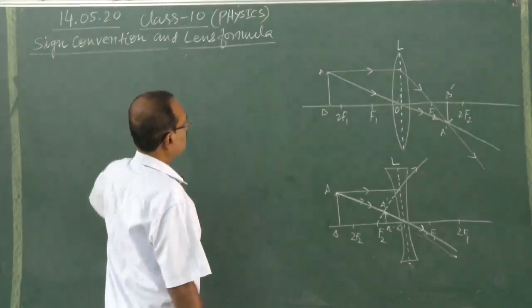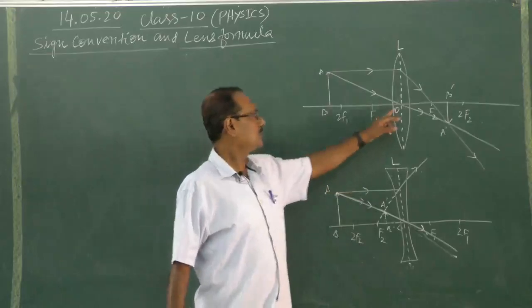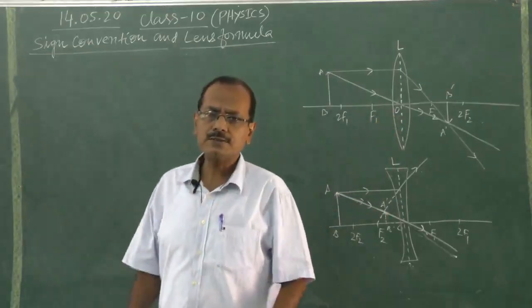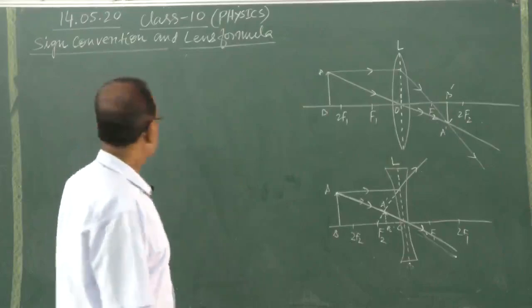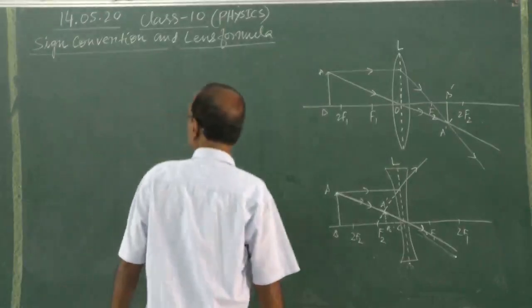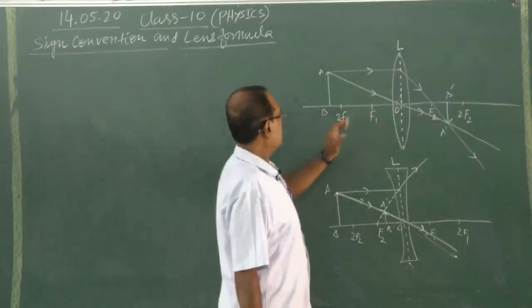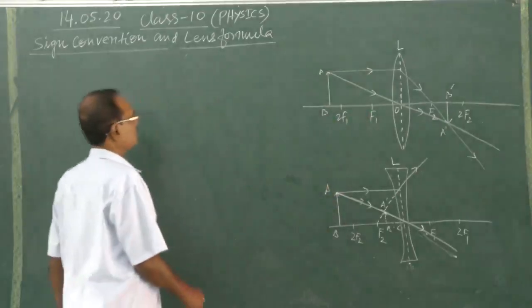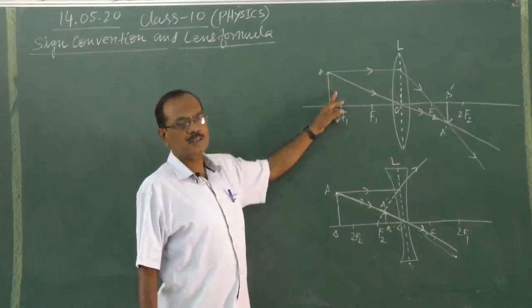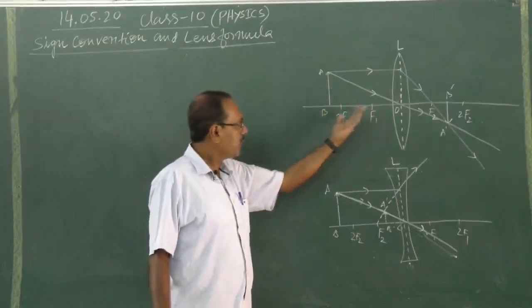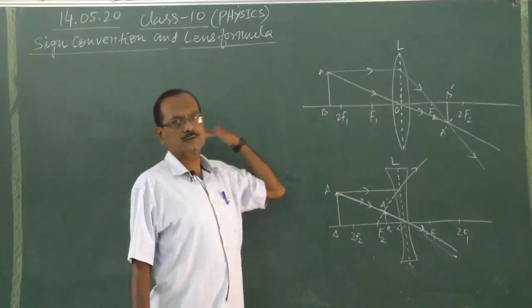Now, the first point is optical center is considered as what? The origin of the coordinate system. Now, second case, number 2. Object is considered the left side of the lens.